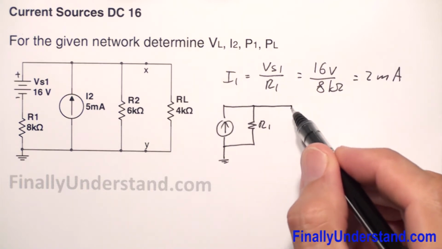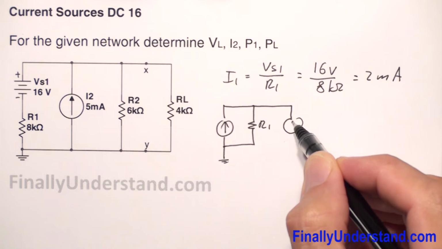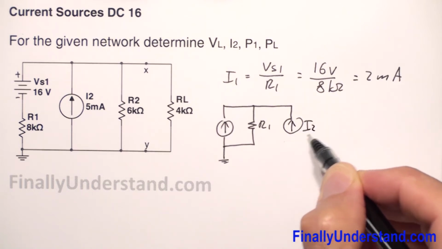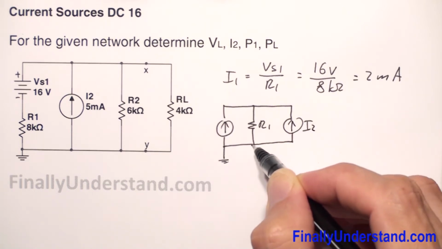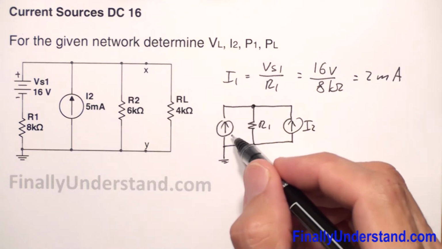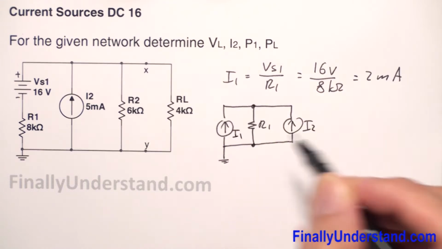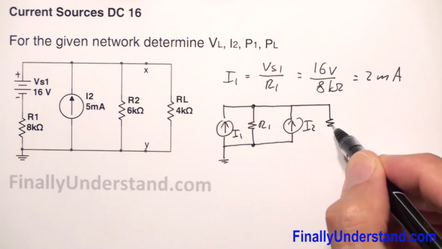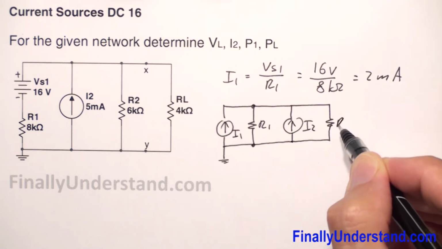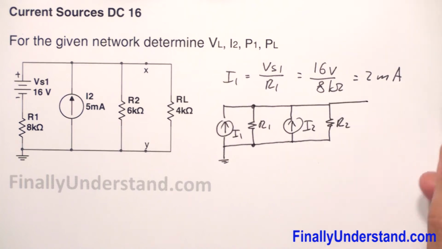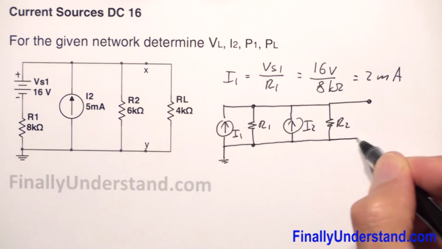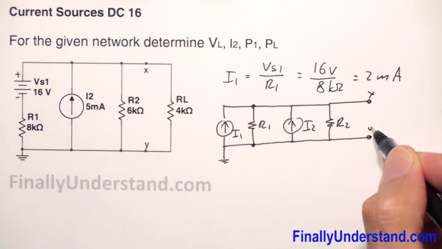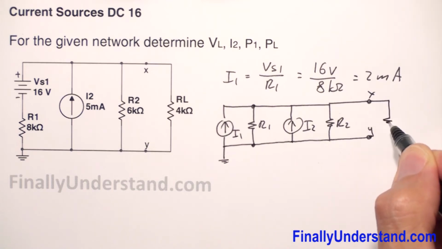This is my I2. Current source I2, this is my current source I1. This is my R2. These are my terminals XY. And this is my resistor RL.